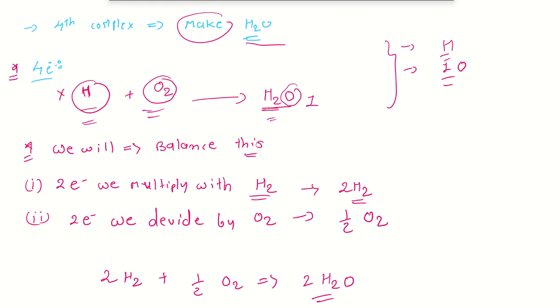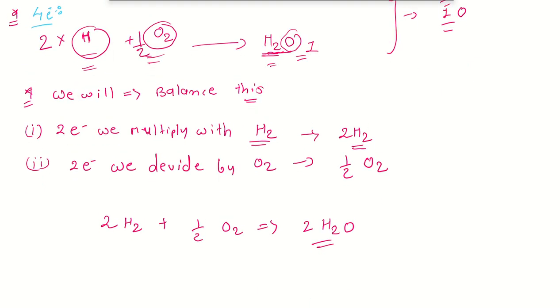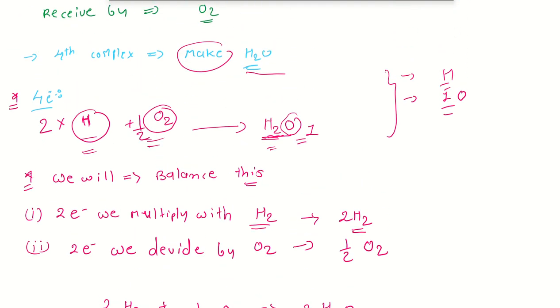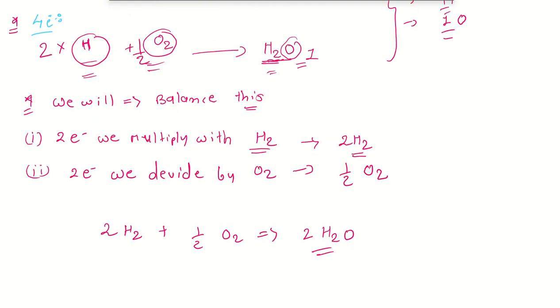We will increase to 2H, because we want two hydrogen and one oxygen, so we will divide here. So we form H2O. Please pardon me, I apologize. I made a mistake before in the explanation, but now I am clearing it up.